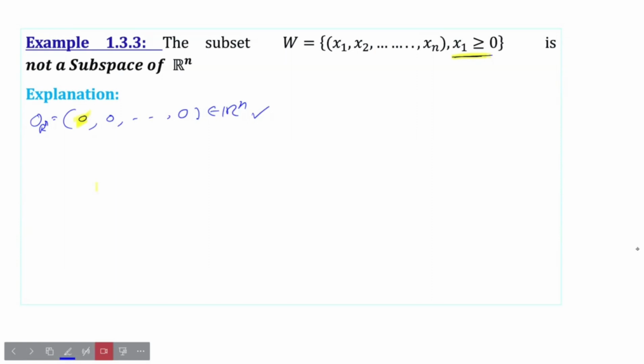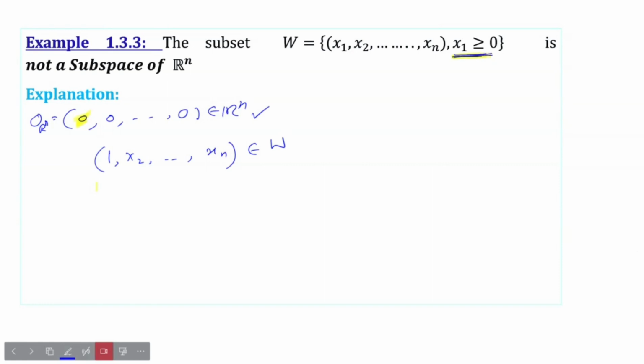Now to show the other properties, we can take examples.